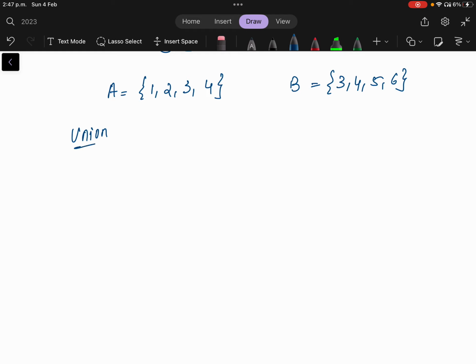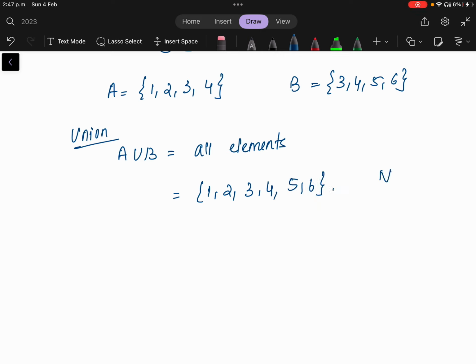So union of two sets can be denoted as A union B. Union of two sets means all elements, all the elements of set A and all the elements of set B. So what you need to write is all the elements 1, 2, 3, 4, 5, 6, and no repeat. Okay. So remember, there is no repeat in the sets.